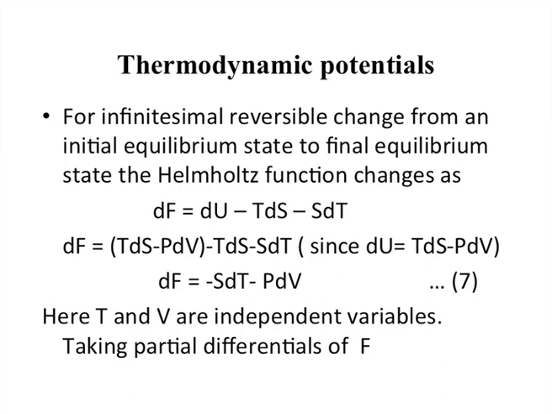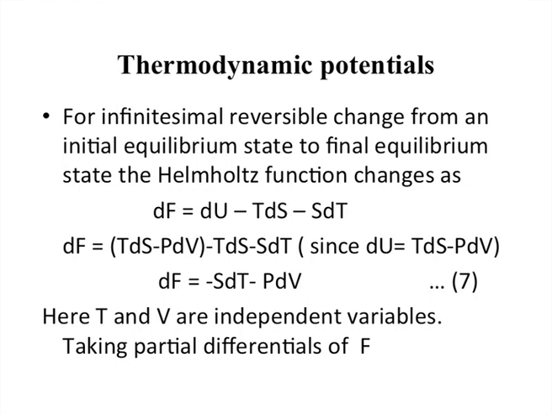Next, for the above, if you take an infinitesimal reversible change, that is, a small reversible change from an initial equilibrium state to a final equilibrium state, the Helmholtz function changes as dF is equal to dU minus TdS minus SdT.